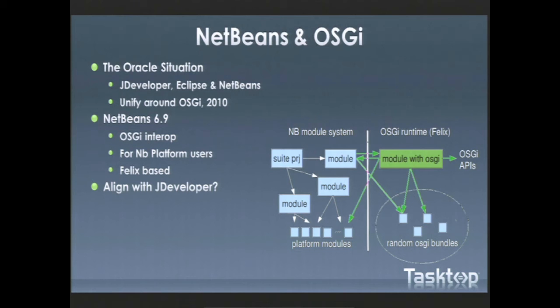So basically, I'm creating a fake OSGi bundle, which is completely empty, for each NetBeans module that needs to be consumed by real OSGi bundles. And I'm changing its boot delegation class loader to be the class loader of the NetBeans module. So basically, whenever someone needs to load something from the OSGi bundle, it finds nothing, but then it delegates to the NetBeans module system, and the real class is loaded by NetBeans.